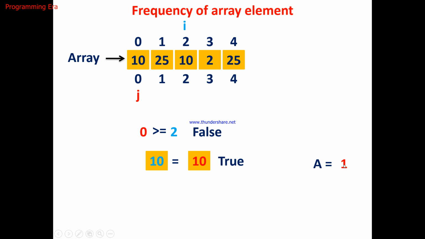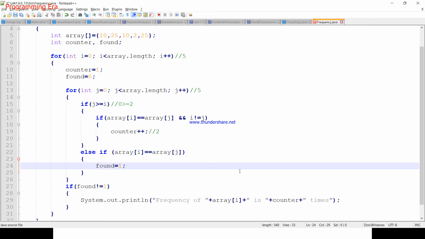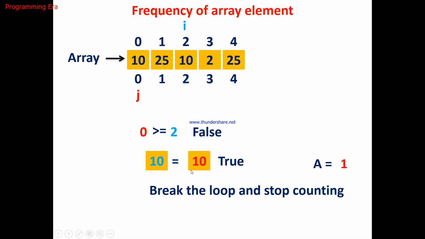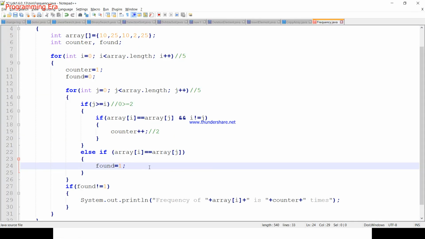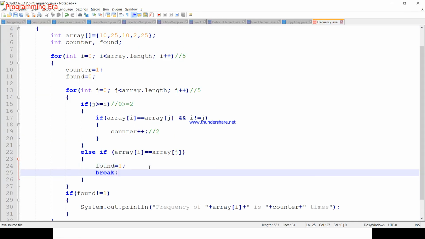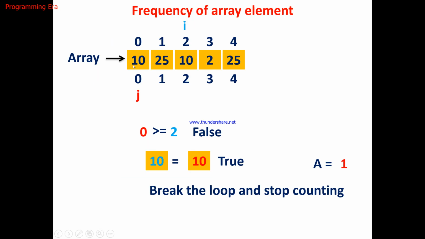I took here a variable found. Found will become 1, which indicates that this element has been counted. Now, as soon as it becomes 1, we will break the loop, because it is an indication that 10 has been counted already, because it was present earlier in this array.